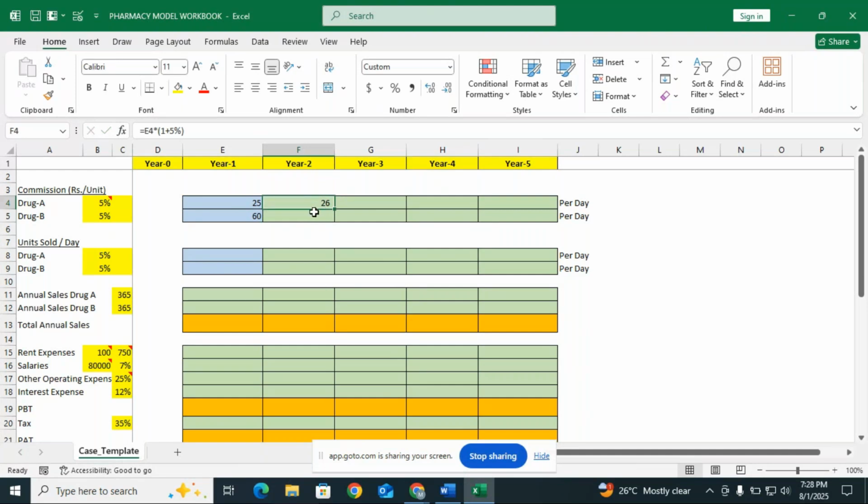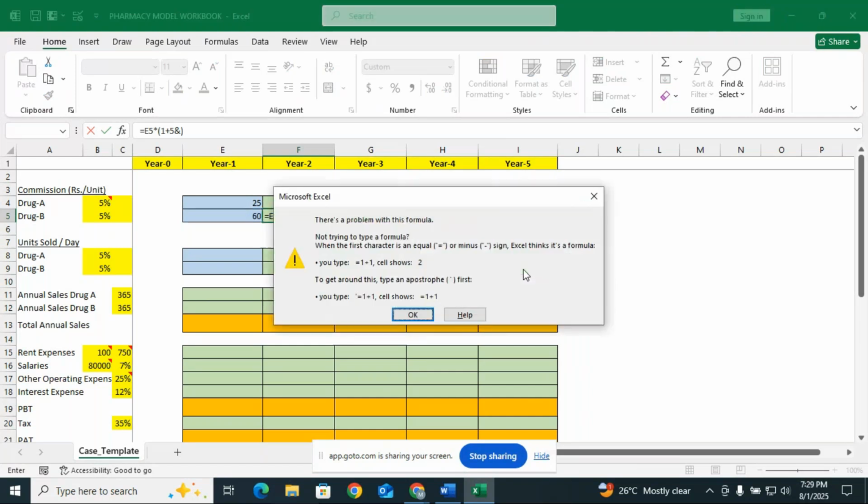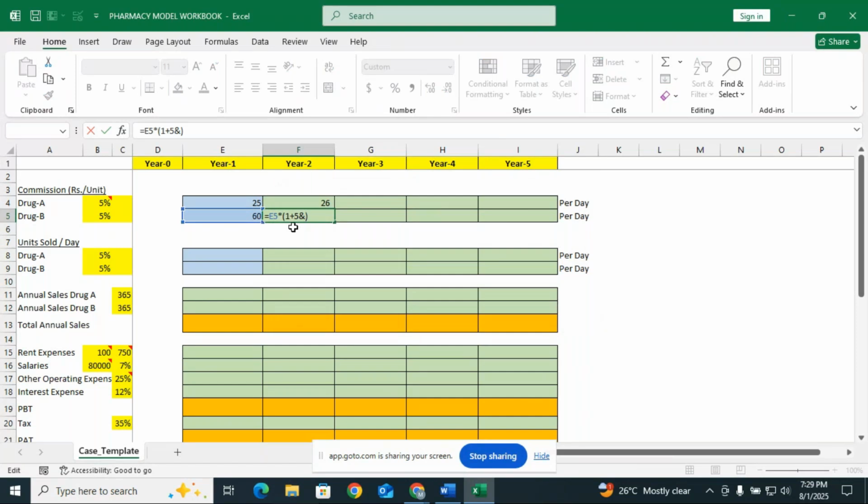Right, and further the same thing for drug B. Sorry, percentage.